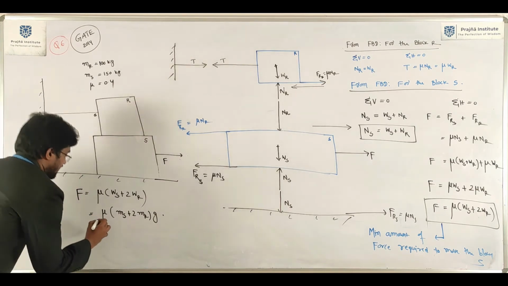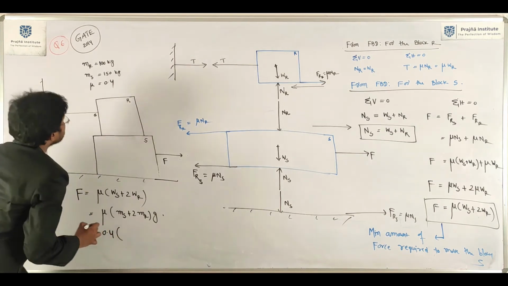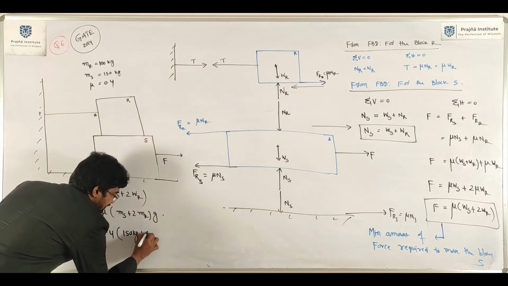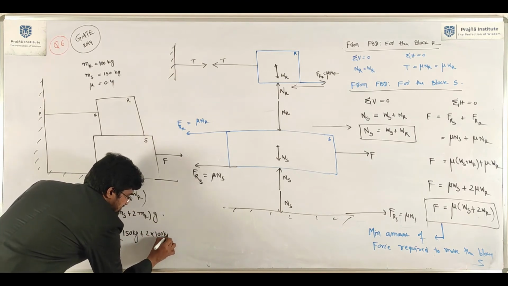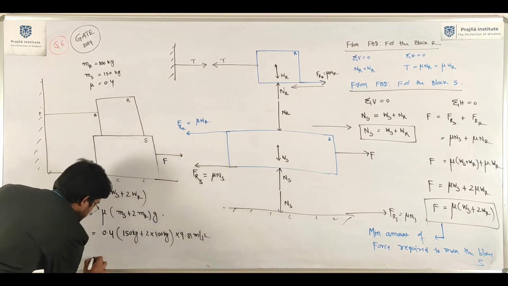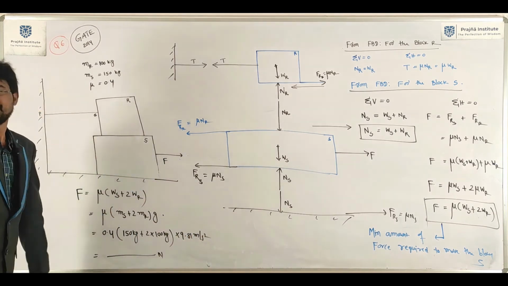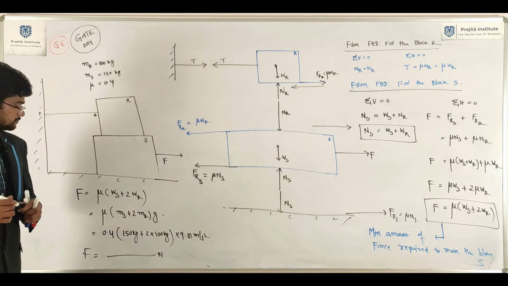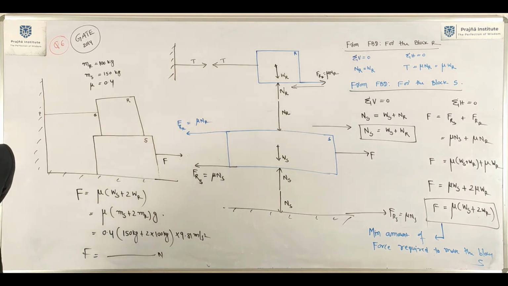Mu is 0.4, ms is 150 kg plus 2 into 100 kg, times 9.81 meter per second square equals dash Newton. Tell me, what is the answer? How much are you getting?